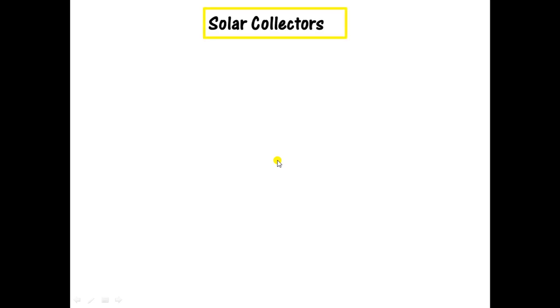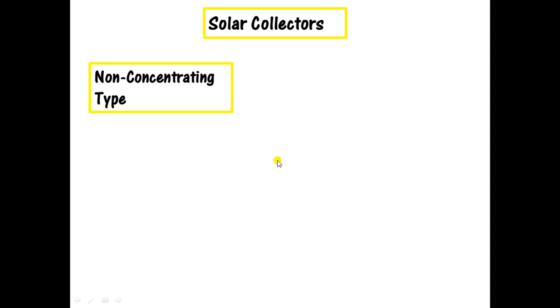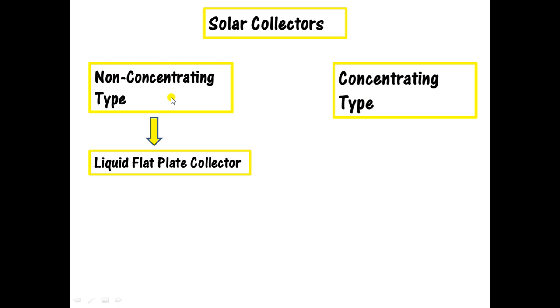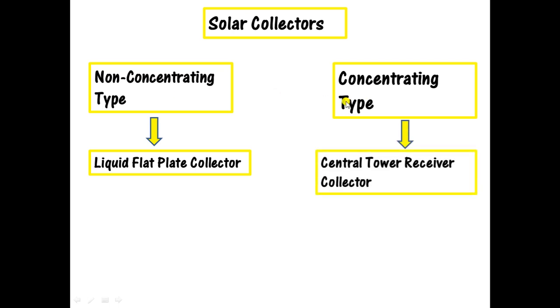Now let us understand solar collectors, which are used in solar thermal systems. The main function of a solar collector is to collect solar energy. There are two types of solar collectors: non-concentrating type and concentrating type. Under non-concentrating type, we have the liquid flat plate collector, and under concentrating type, we have the central tower receiver collector.